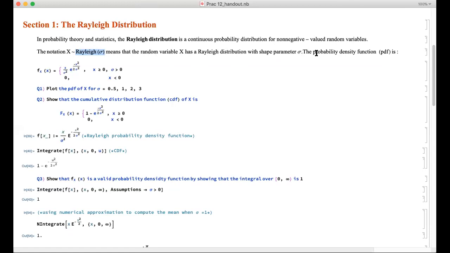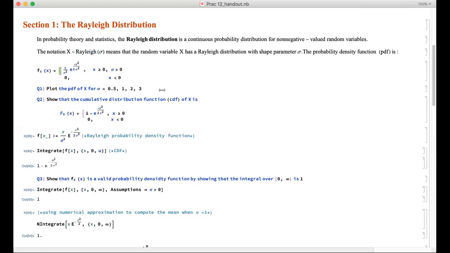And the PDF, which is the probability density function of the Rayleigh distribution, is given by x over sigma squared times e to the power minus x squared divided by 2 sigma squared. Here, x is bigger than or equal to 0, sigma is positive always.